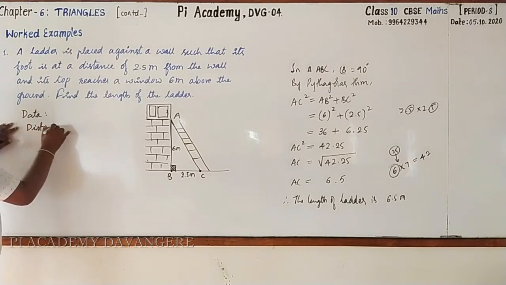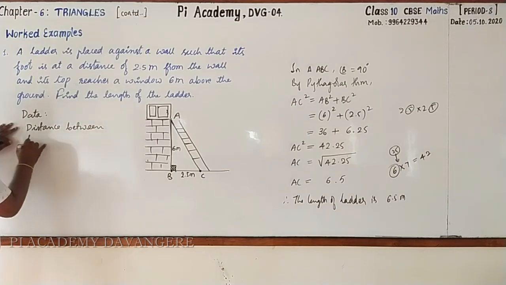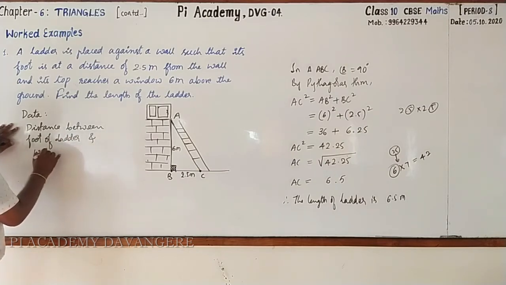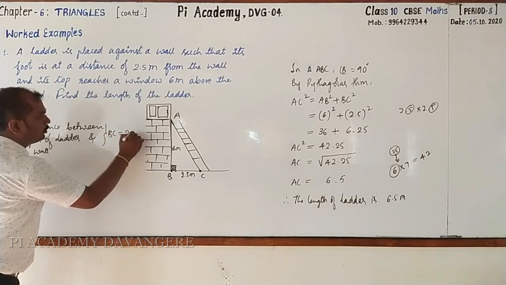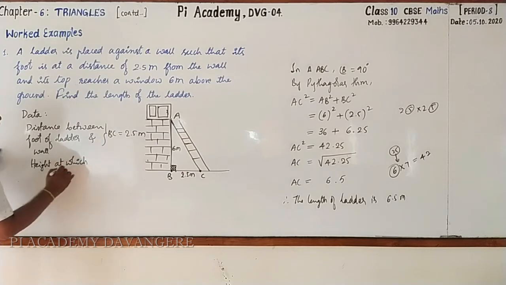Distance between foot of ladder and wall, this is BC, is equal to 2.5 meters. Then the height at which the ladder is placed.